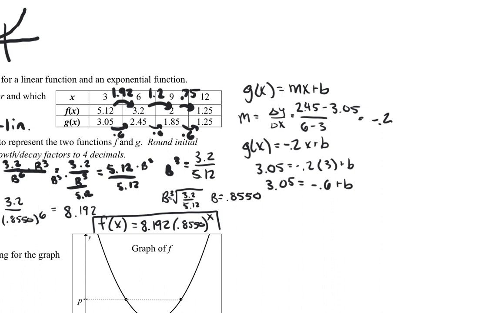That should be 3.65. So g of x should be equal to negative 0.2 times x plus 3.65.